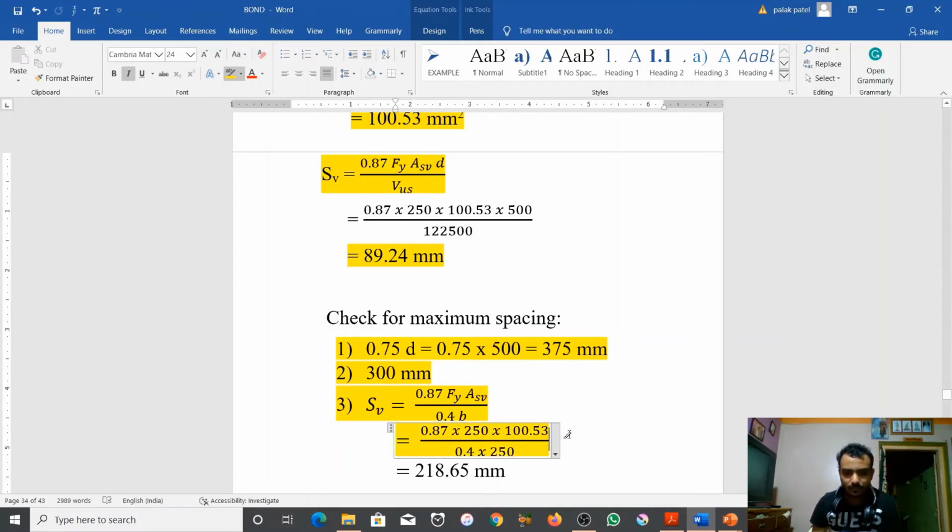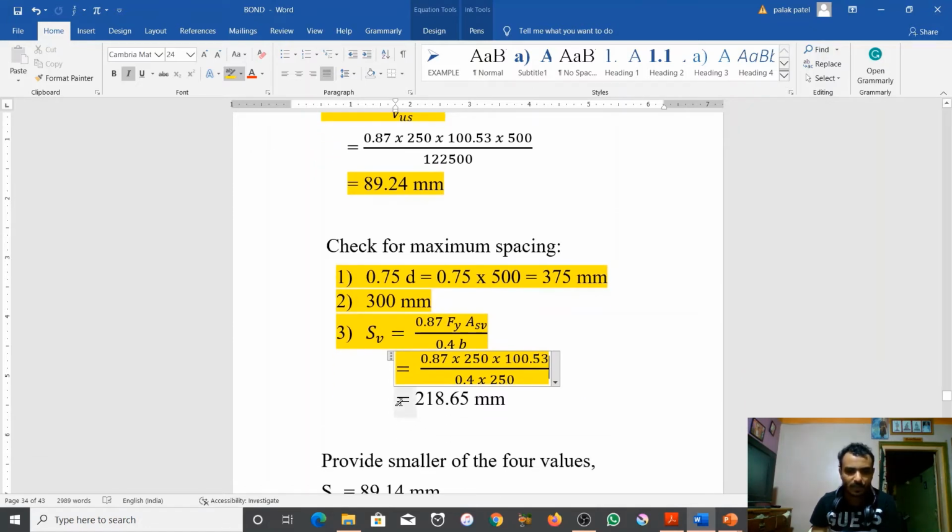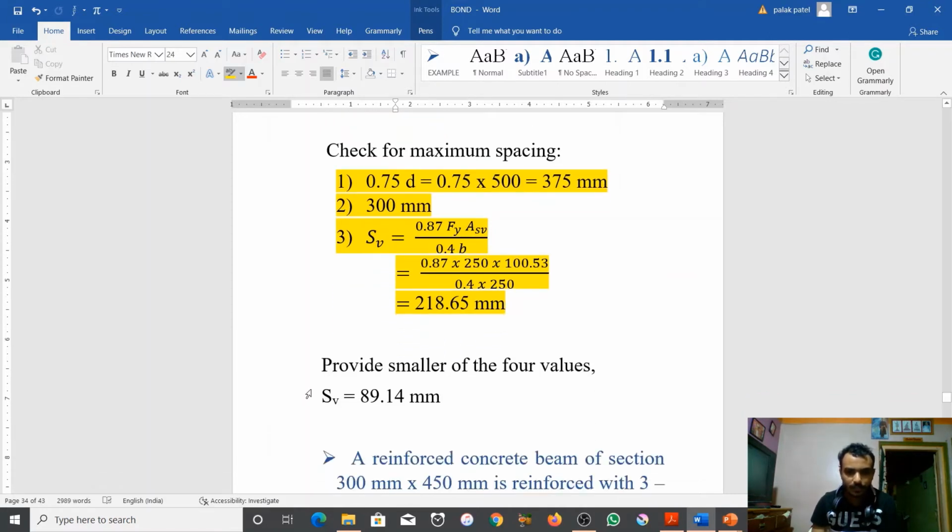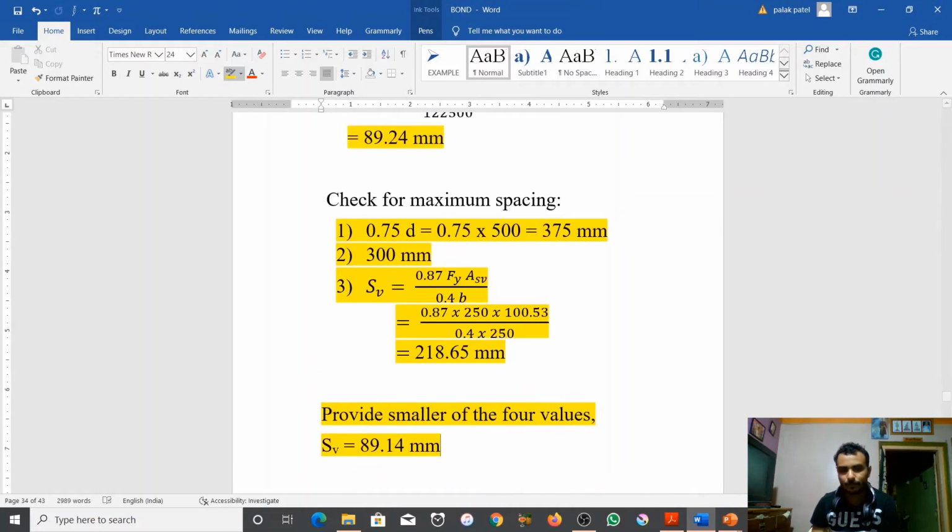So 0.87 into 250 into 100.53 divided by 0.4 into 250, so Sv is 218.65 mm. This is the minimum spacing Sv. So we provide Sv as 89.24 mm. Whichever is smallest among these four, we provide it as the spacing.